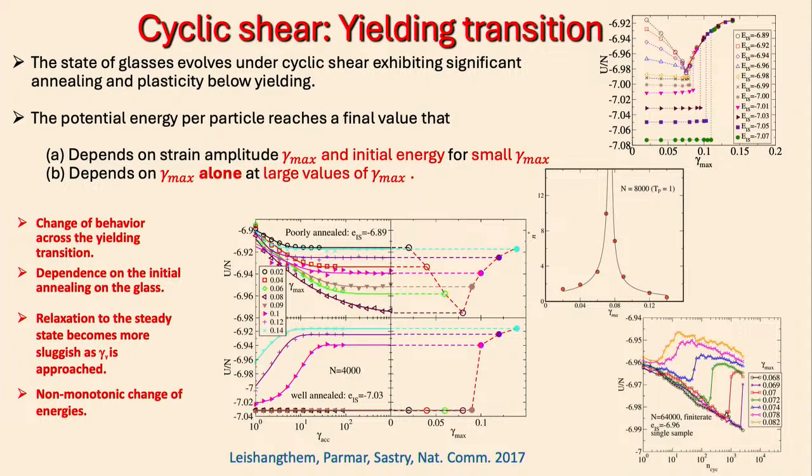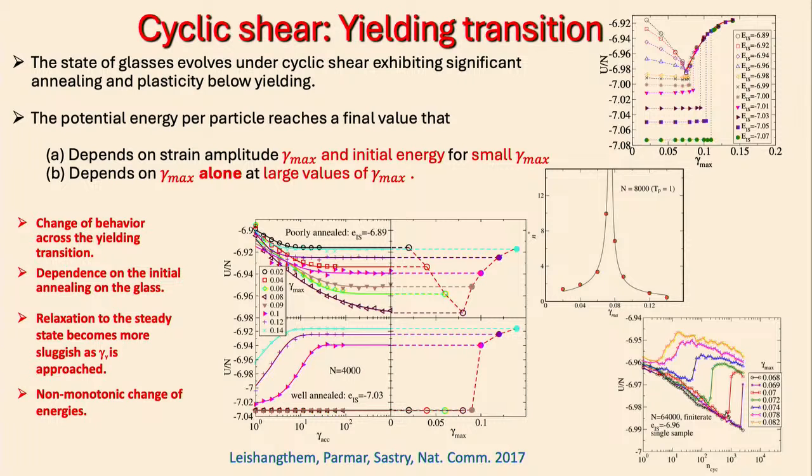Now, something that was apparent here, but I show here in a much more dramatic way, is if you look at strain amplitudes, which is my control parameter, whose values are such that eventually the system will fail.